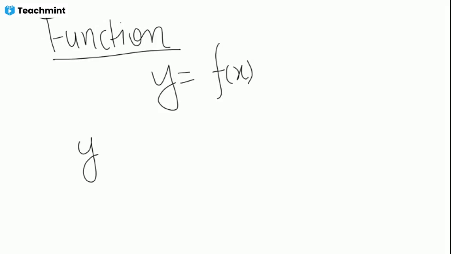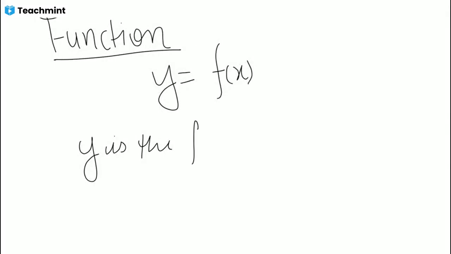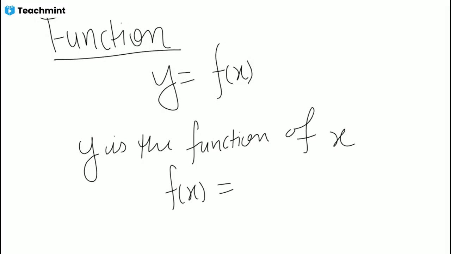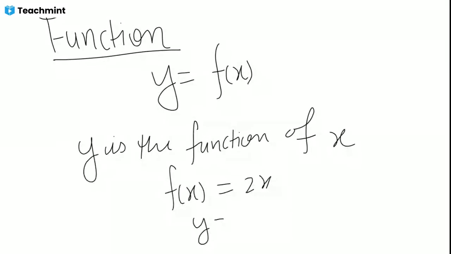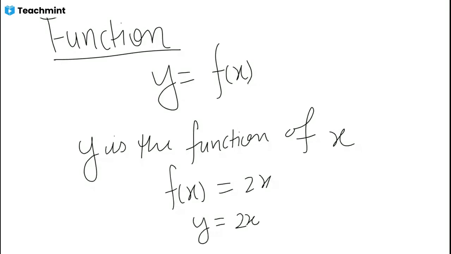So we say y is a function of x. If f(x) is 2x or x square, then y is equal to 2x, so obviously the value of y depends on x. We put a value of x, then we can find the corresponding value of y. Like if we put x equal to 5, then we get y equal to 10. Are you getting it? Yes, ma'am.